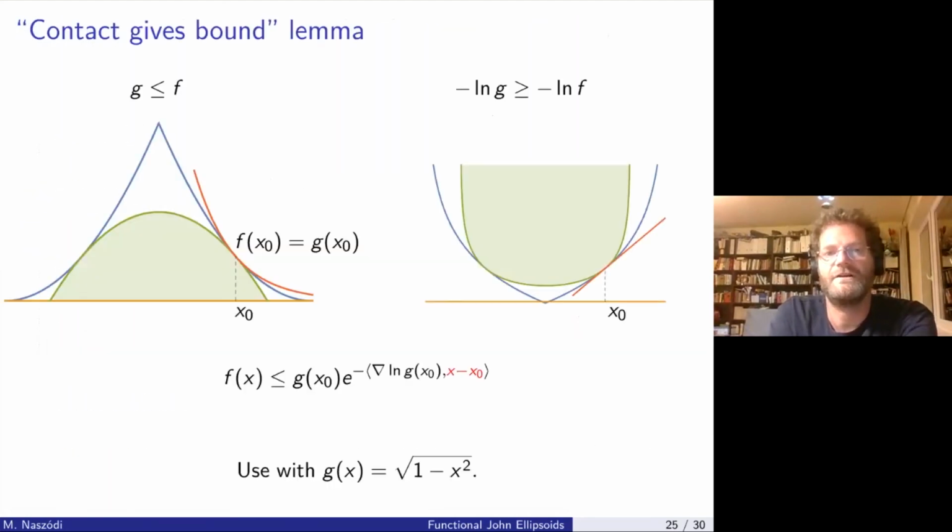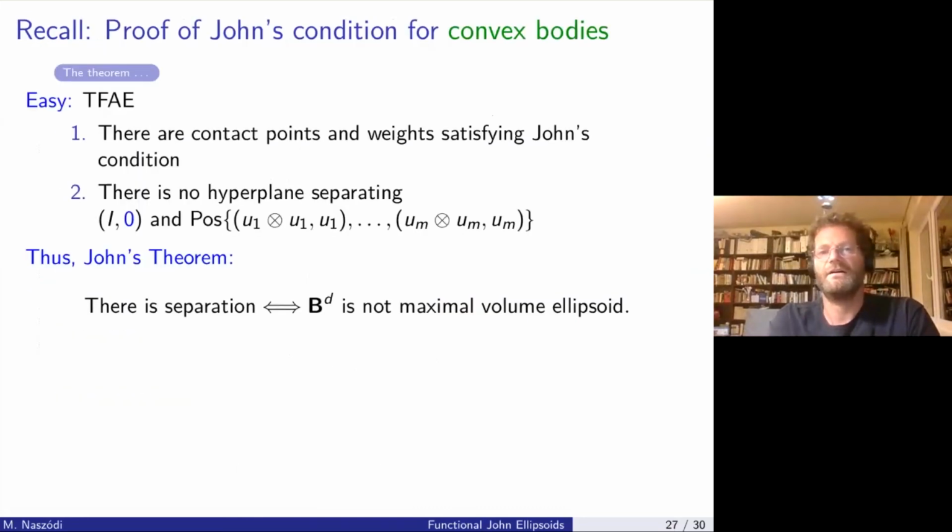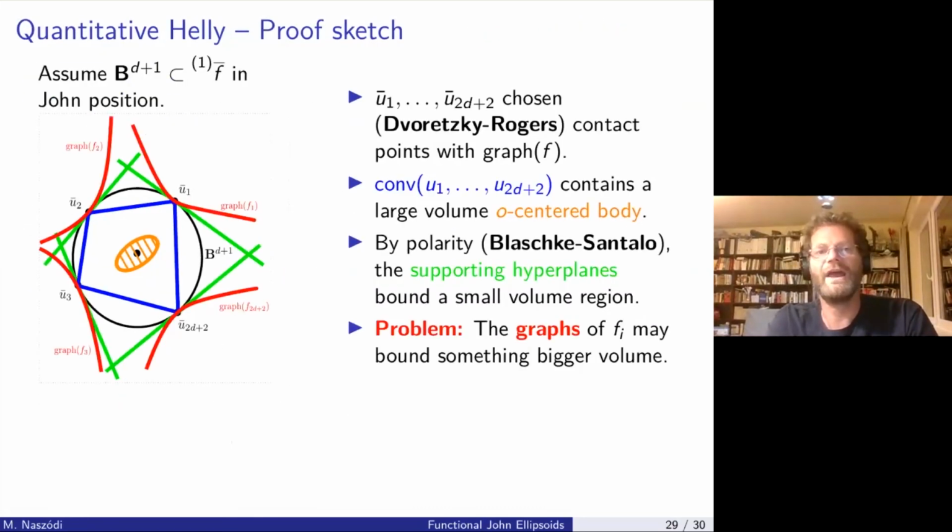So let me go back here. We had this lemma that said that if you have a contact point, so if the Euclidean ball touches your function at some point, that gives you some sort of exponential bound on this function. What it says is that if you go far away from the contact point, here is the contact point, here is the gradient of F1, if you will, your function is small.